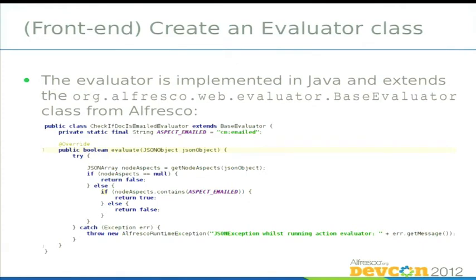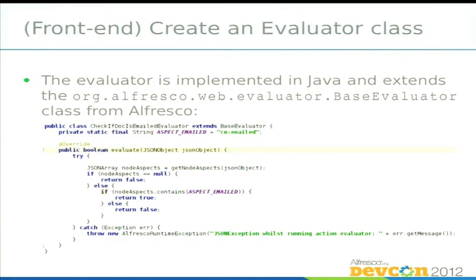Now, here, this is an example. You're probably thinking, do you really need to do this? Isn't there some kind of already defined evaluator that you can use for aspects? There is, but I just want to talk about how you actually implement an evaluator. So this is how you do that.